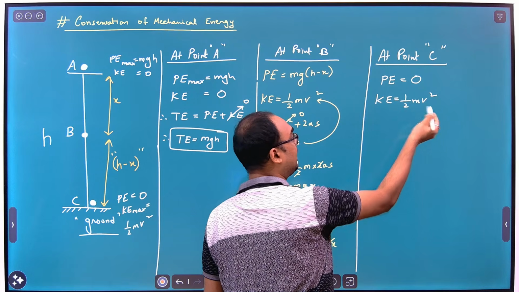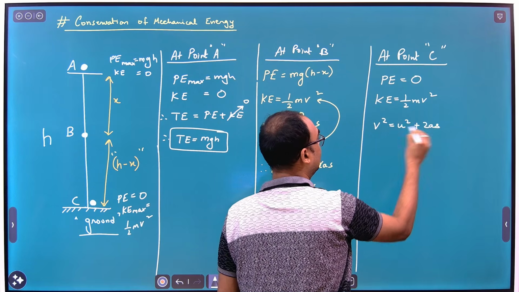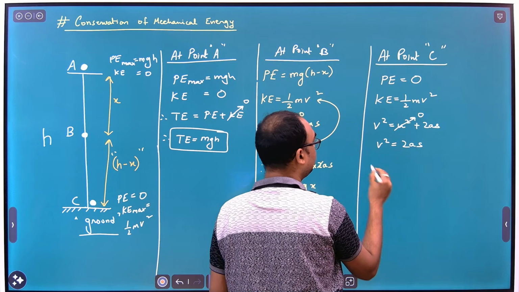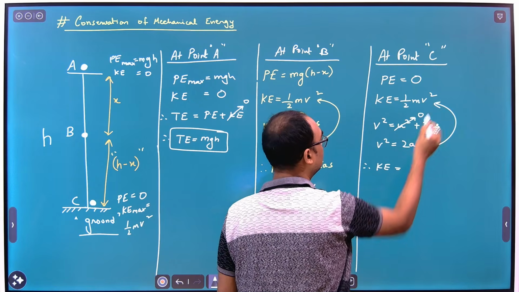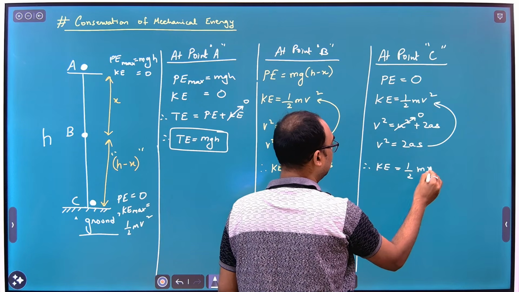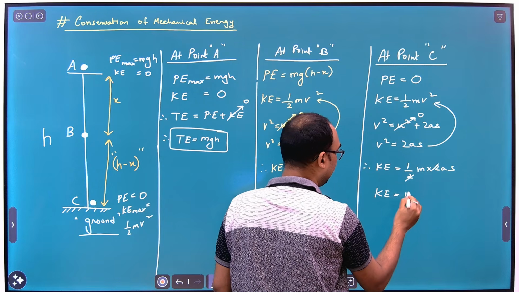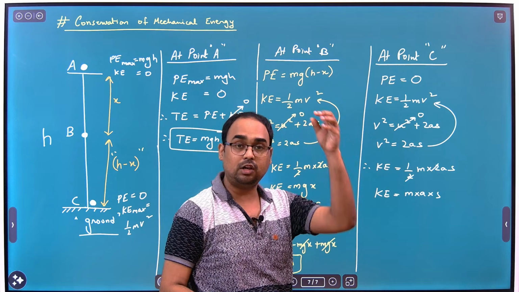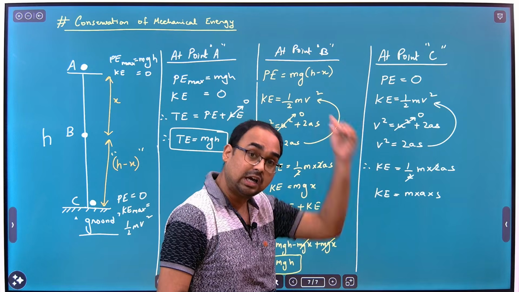Again, we have the unknown variable v. So let's use v square equals u square plus 2as. Considering u to be 0, v square equals 2as. So kinetic energy will be half m into 2as. Cancel, kinetic energy is m into a into s. Now, since the body was falling due to gravity, acceleration will be gravity, and s is the distance covered.